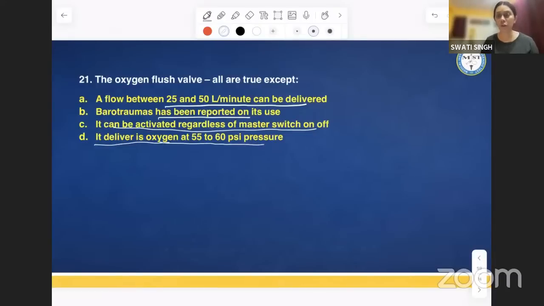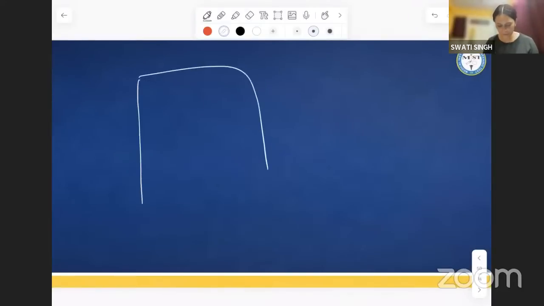So the oxygen flush valve is present in the anesthesia machine. So guys, this is your anesthesia machine. This is the outlet. Just beside the outlet, there is a black button surrounded by a white halo. So what do we do when we press it?